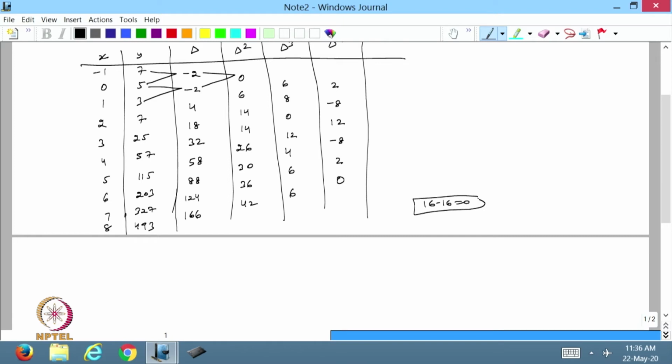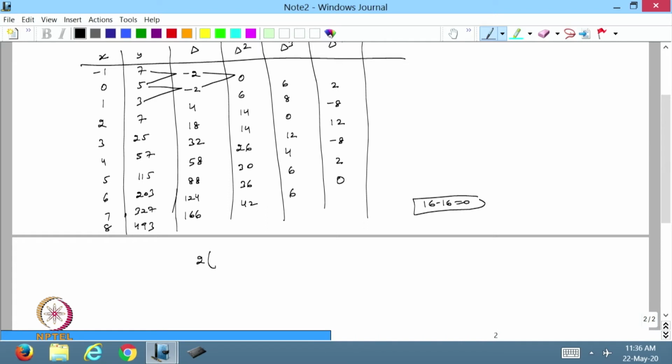That is because we have seen that the sum of all the errors in any column is 0, and they follow the binomial fashion. So, if I stop here, I take the 2 common, and then I can write this as 1, minus 4, 6, minus 4 and 1.